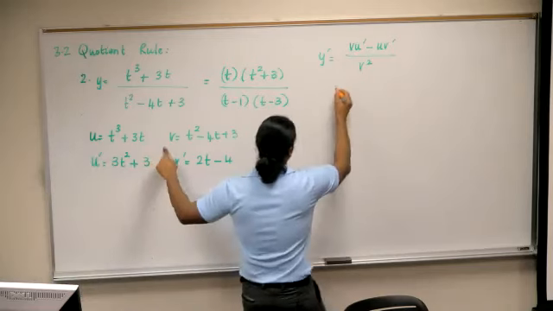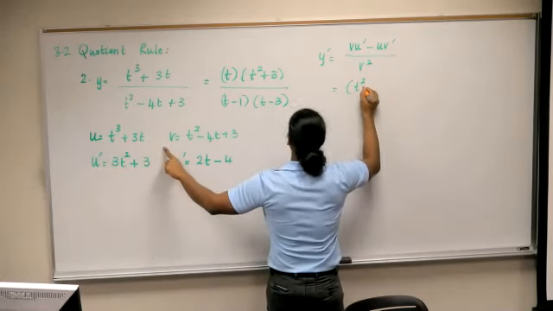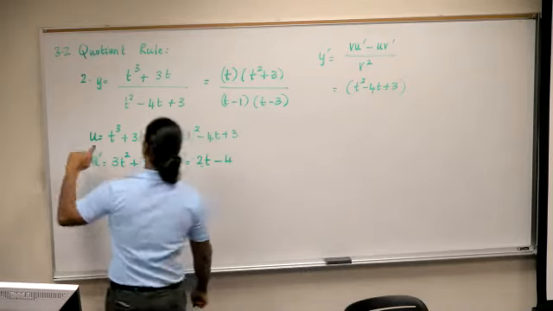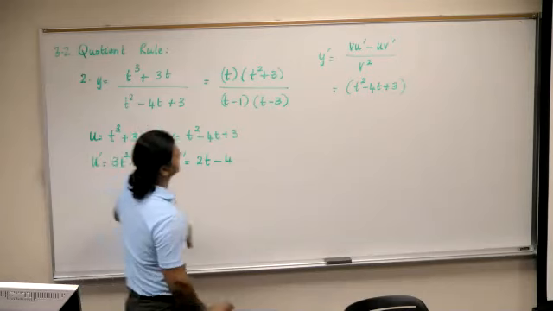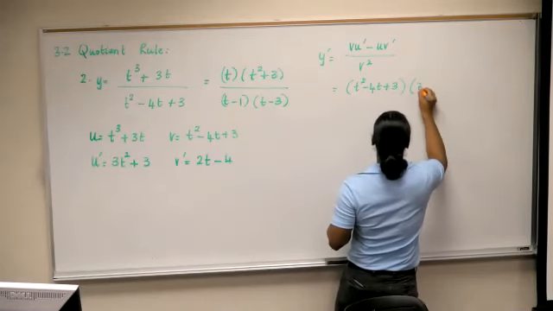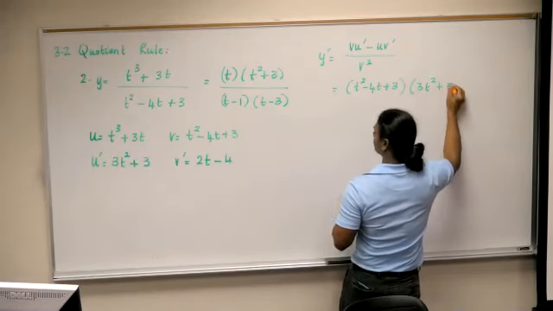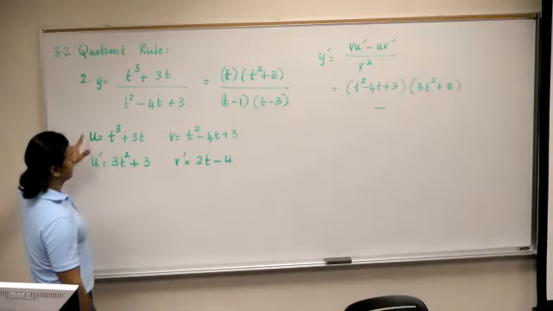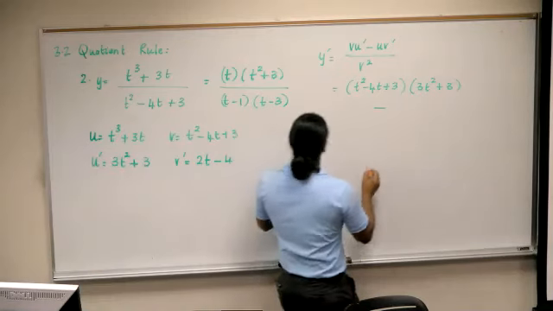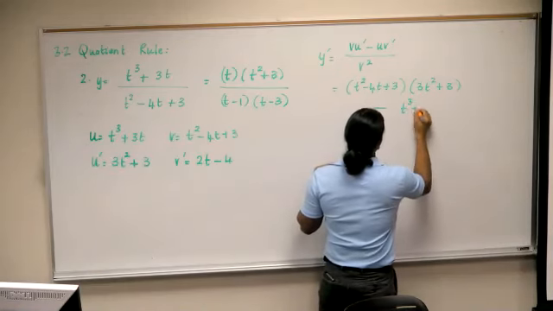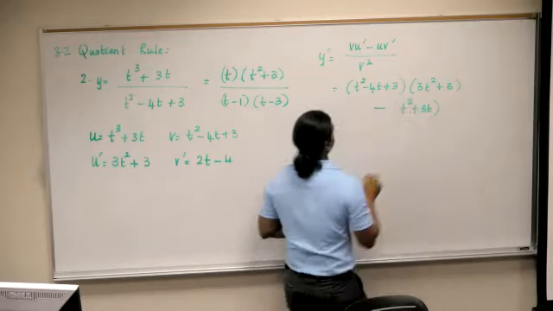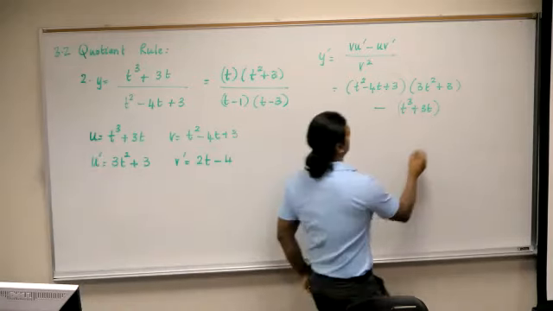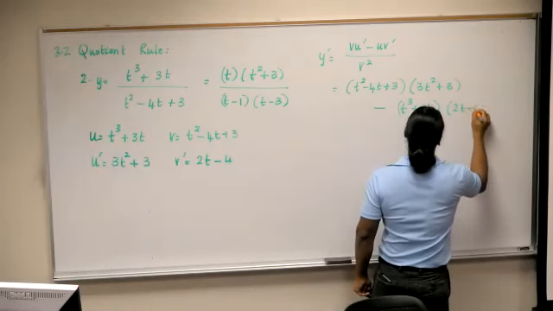So V multiplied by U prime, which is t squared plus 3, minus U, t cubed plus 3t, multiplied by V prime, 2t minus 4.